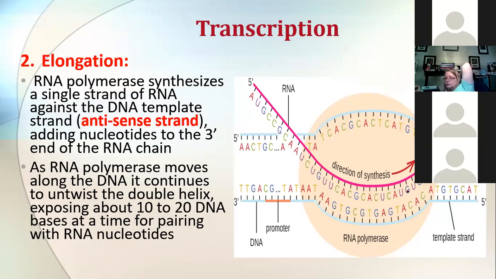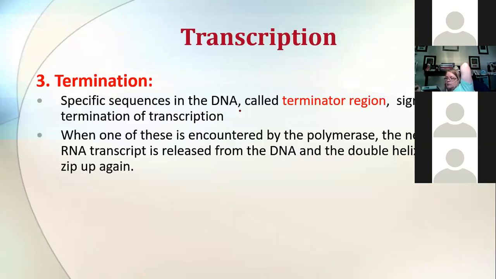So it reads and picks up all the RNA nucleotides from the nucleus, and it makes one complementary RNA strand. That's the elongation part. Termination is when RNA polymerase reaches the terminator region, then the whole process is going to stop, and that stage is the termination. Okay, so that's everything about transcription.